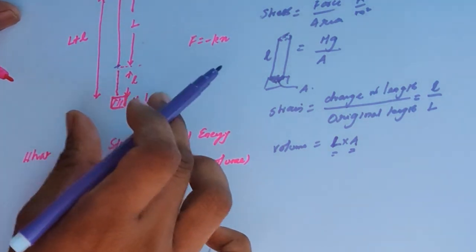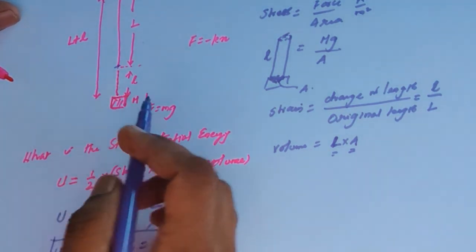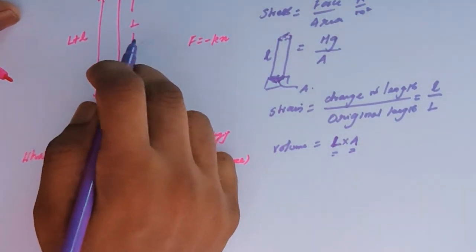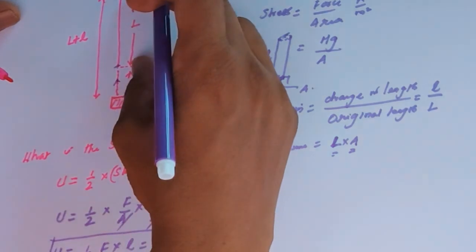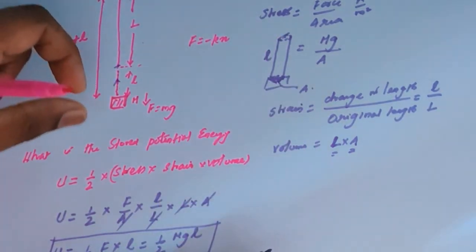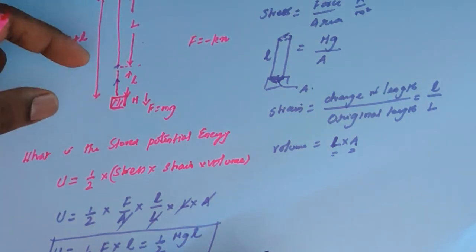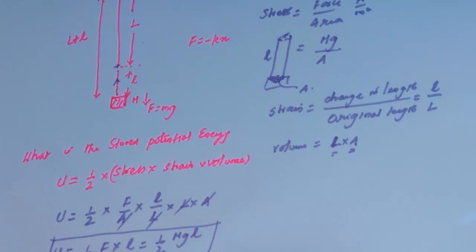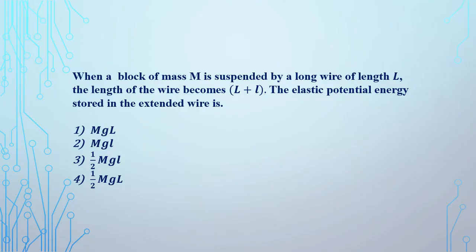Once we release this energy, it is converted into kinetic energy, then the wire can attain the original length, capital L, after removing the load from the bottom. So from the analysis of the problem, we got the answer, which is equal to 1 by 2 mg small l. The third option is the right answer.